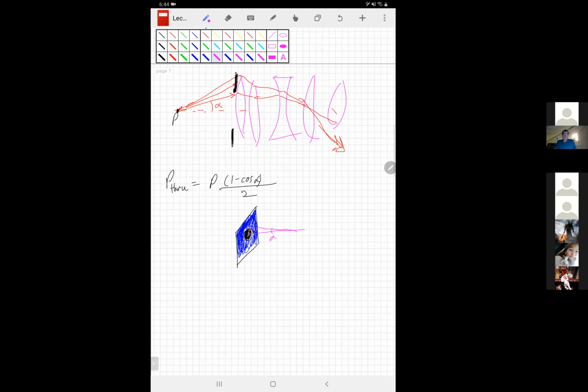Well, let me just note, what does (1 minus cosine alpha) over 2 look like from trig? The sine squared? Double angle formula? Not a double angle formula, but you're on the right track. There is a half angle in there.